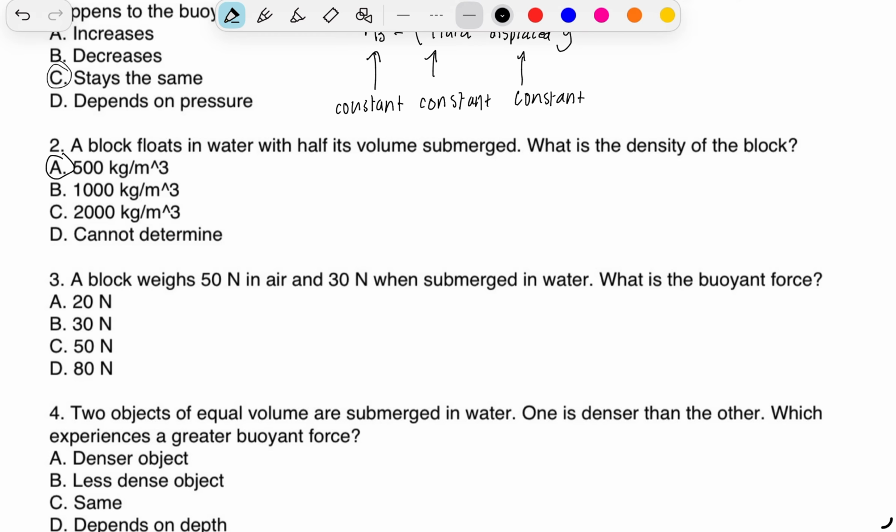The reason is because you can use the ratio V sub over V is equal to the density of the object over the density of the fluid.